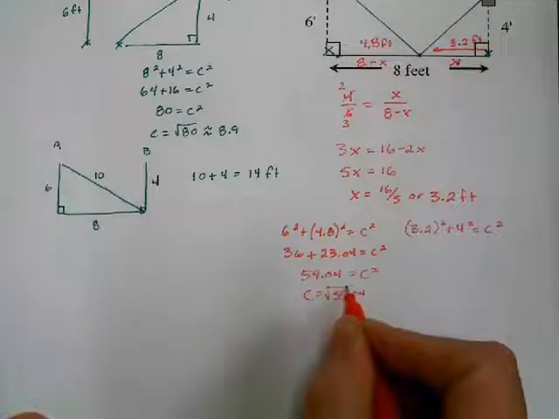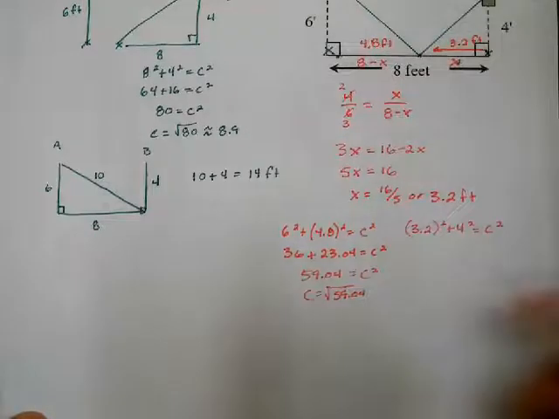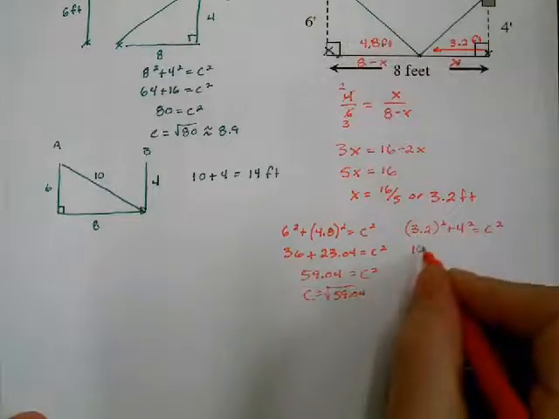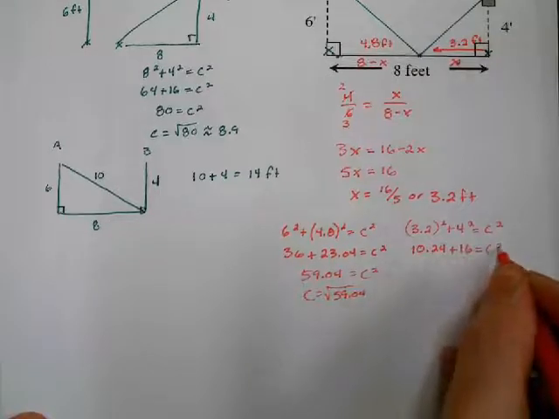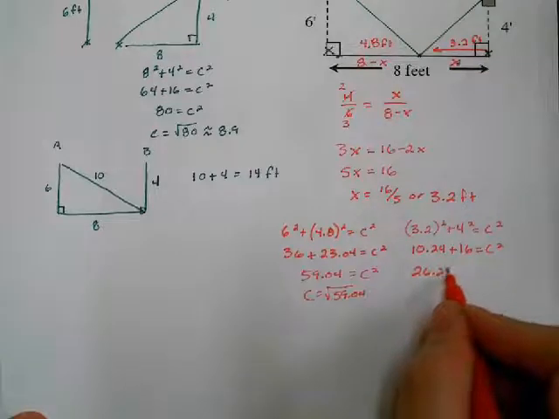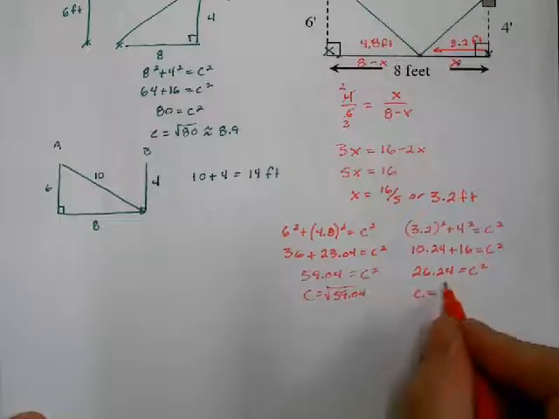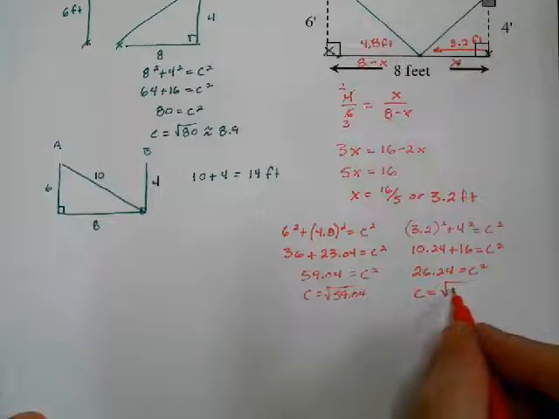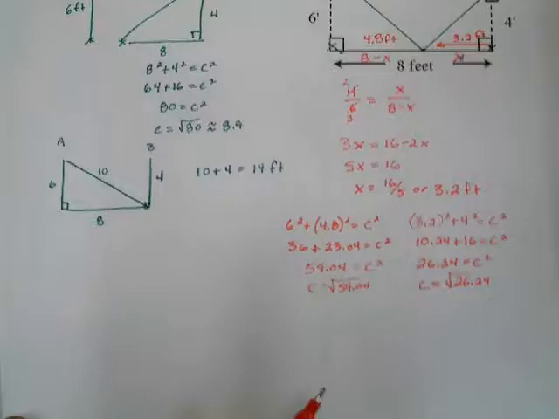On the other side, 3.2 squared ends up being 10.24 plus 16 equals C squared. Here we get 26.24. So C on that side would be the square root of 26.24. All right, let's plug it into our calculators and see what those two values are.